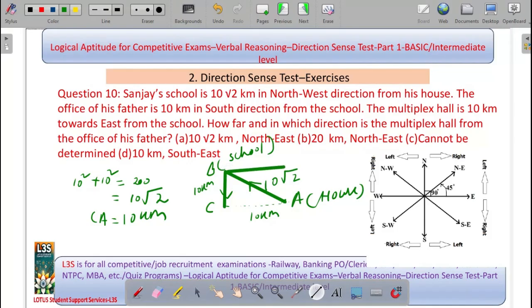D is 10 kilometer, this is the multiplex, and C is the office.